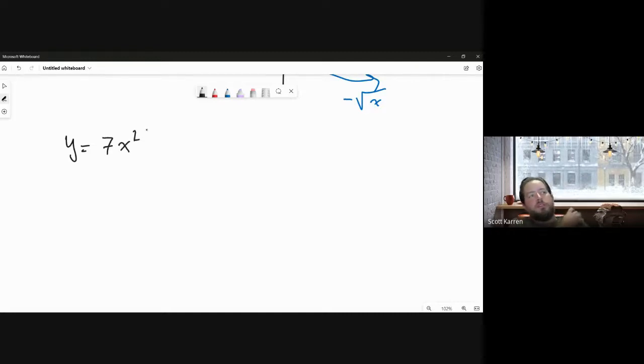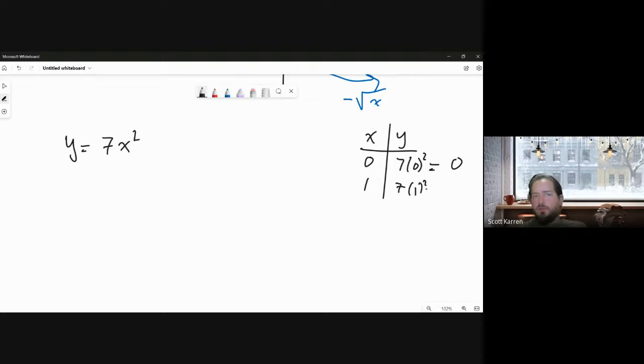If I have this function, say y equals 7x squared, what happens here? Well, again, I can plug in x and y values to kind of justify what we're going to say here. If x is 0, 7 times 0 squared is still 7 times 0, which is 0. But once I get to 1, then I have 7 times 1 squared. 1 squared is 1 times 7 is 7.